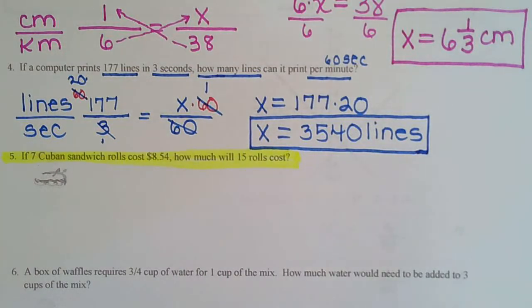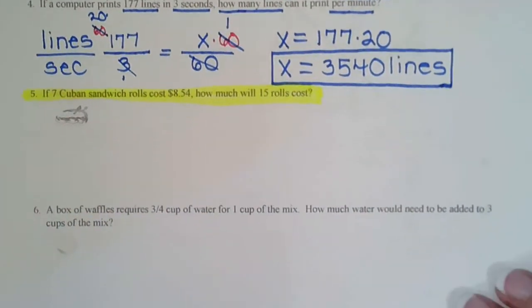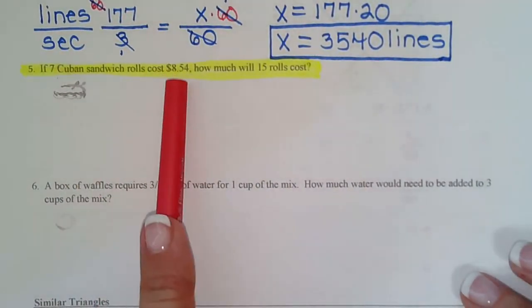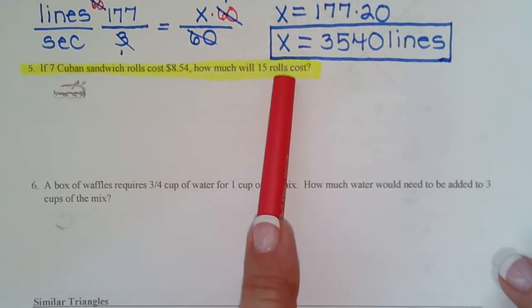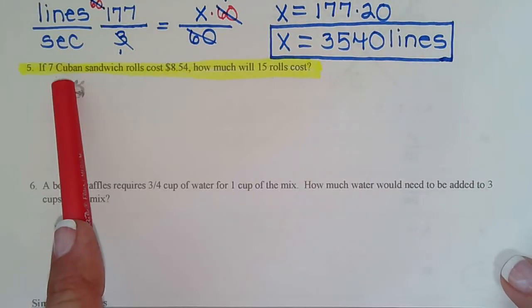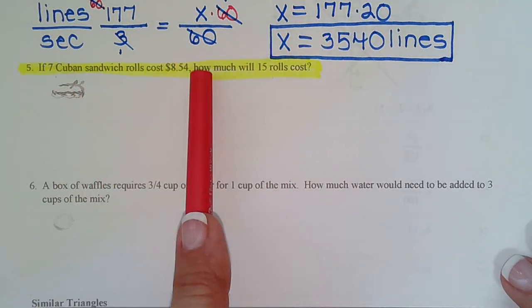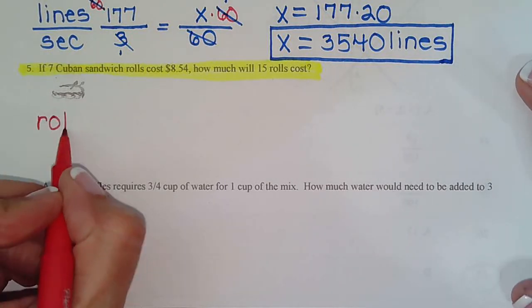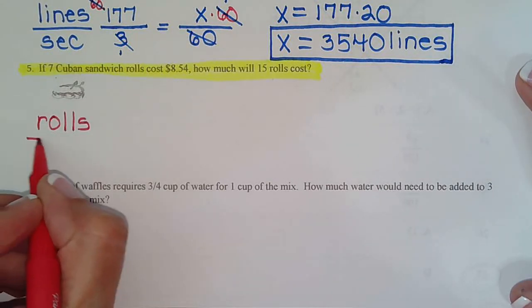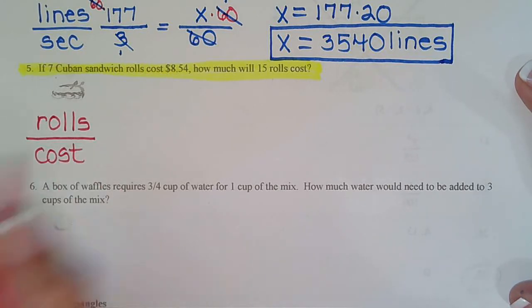Okay, so we have 7 Cuban sandwich rolls, cost $8.54. How much will 15 rolls cost? So rolls, cost, rolls, cost. So that tells me to set up my proportion because I have the same units repeated in each part of the sentence.